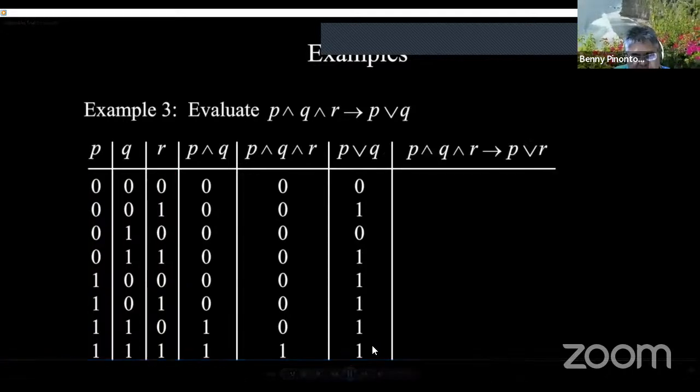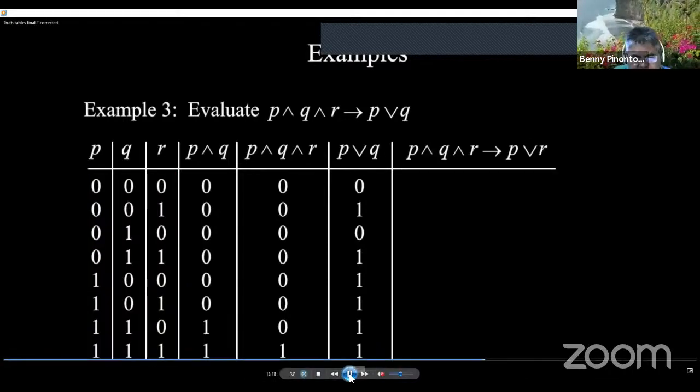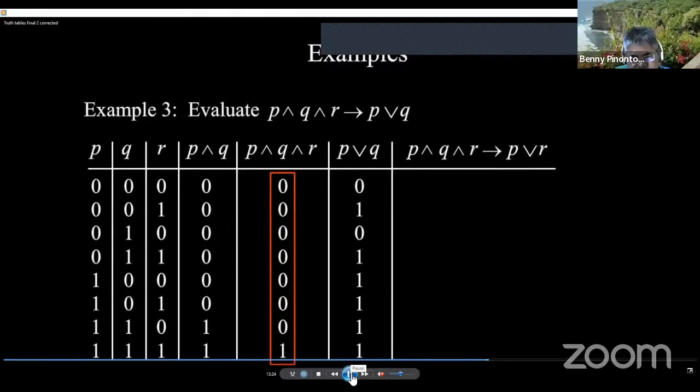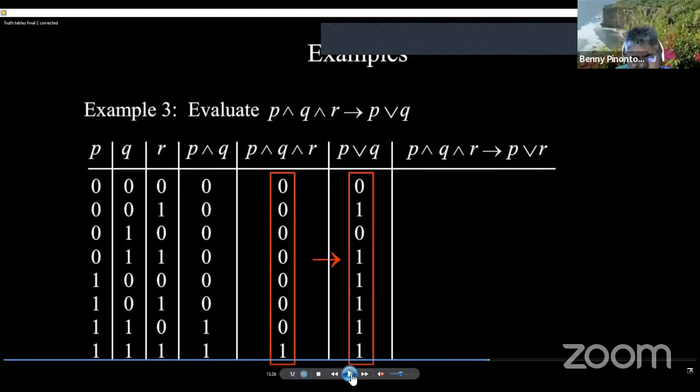Okay. Now the implication. So we're gonna look at these two columns. That's the first one, and that's the second. And if the first one is smaller or equal than the second, then it's gonna be 1.